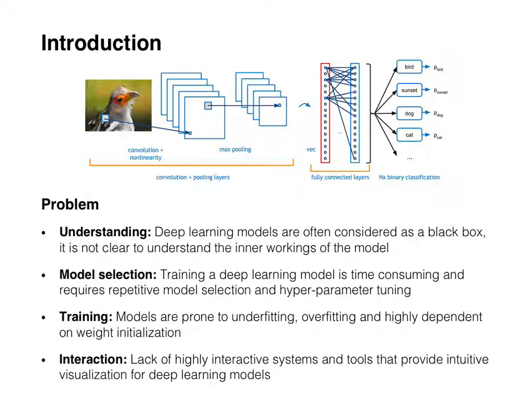And what I'm trying to do is to get better understanding of convolution neural network. Like the previous team said, deep learning models are usually considered as a black box, so it is not clear to understand the inner workings of the model.